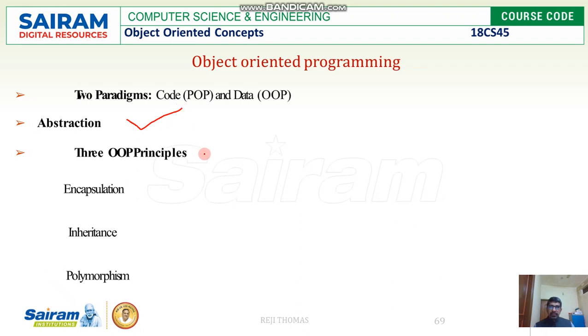Again, we have three object-oriented principles: encapsulation, inheritance, and polymorphism. Java supports everything, so we can say that Java is purely object-oriented because of all these features.